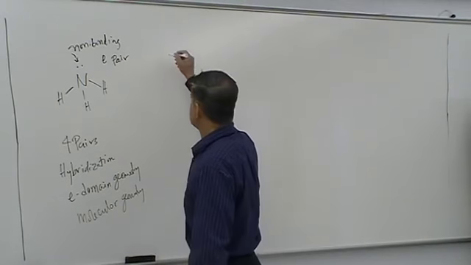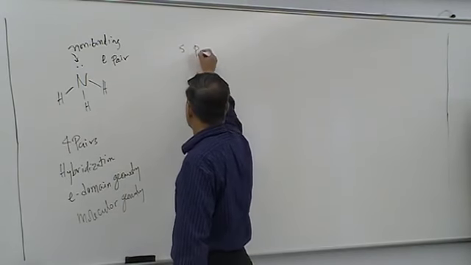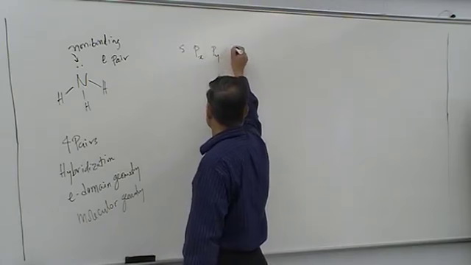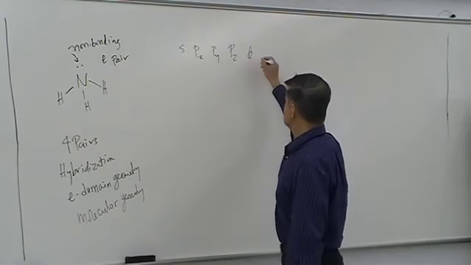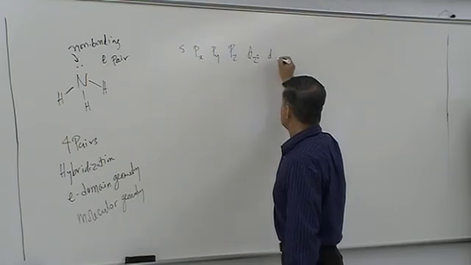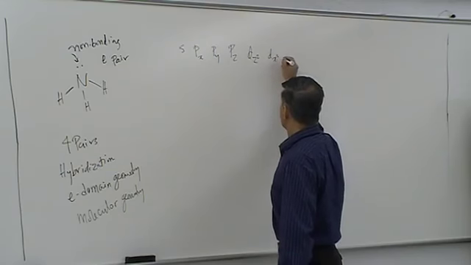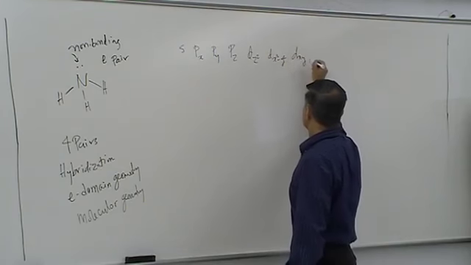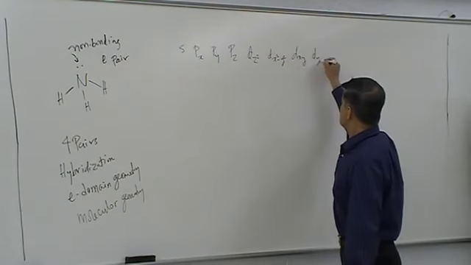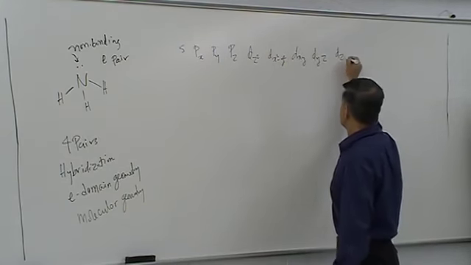This is how it goes: s, px, py, pz. Then there will be 5 d orbitals: dz squared, dx squared minus y squared, dxy, dyz, and then dzx.